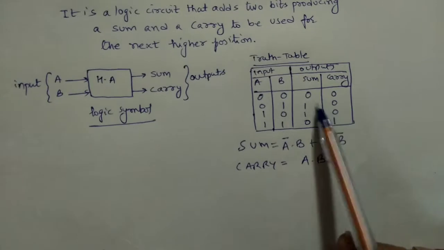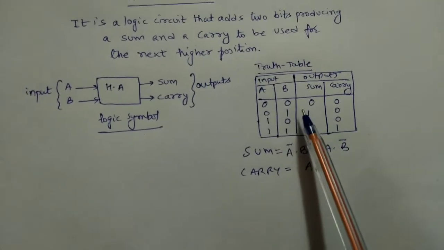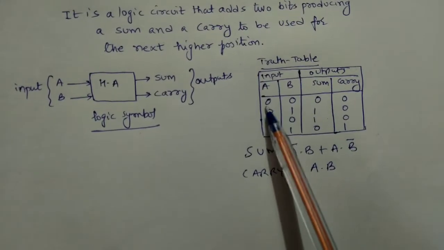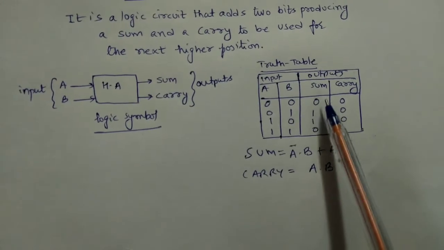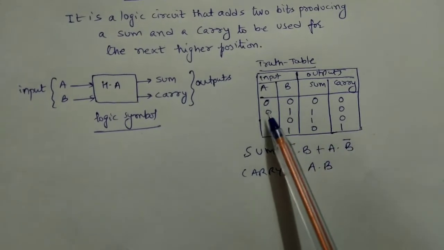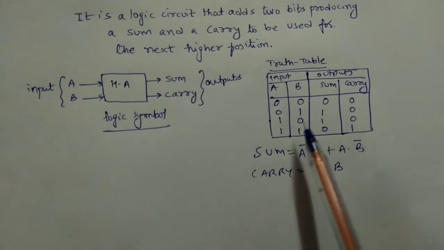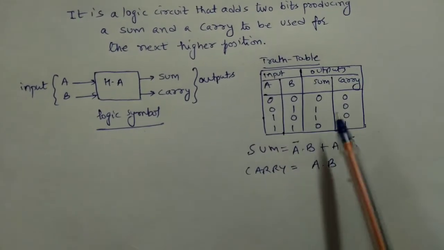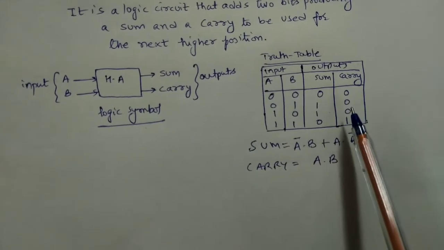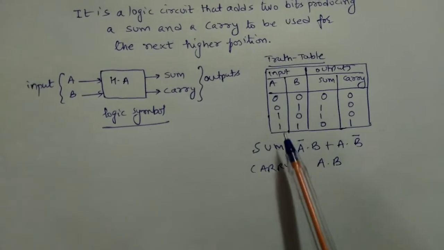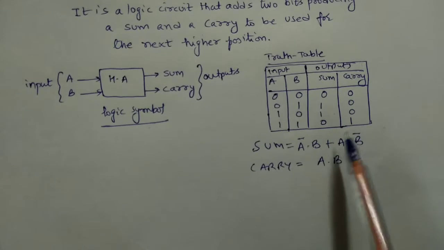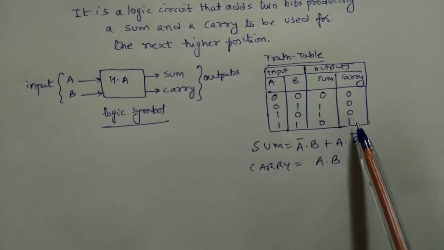When we add 0 0 it gives sum 0 and carry 0. When we add 0 1 it gives sum as 1 and carry as 0, and when 1 0 is the input again we get sum as 1 carry as 0, and when both the inputs are 1 1 we get sum as 0 and carry as 1.